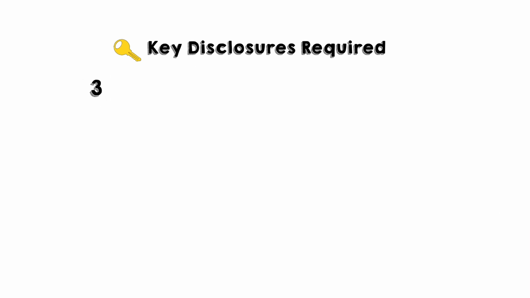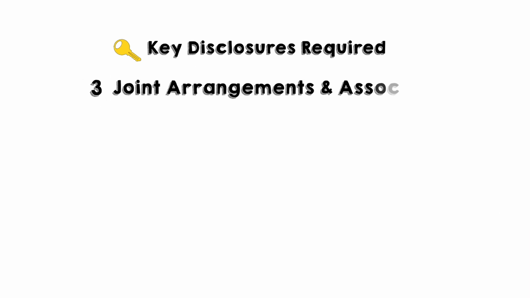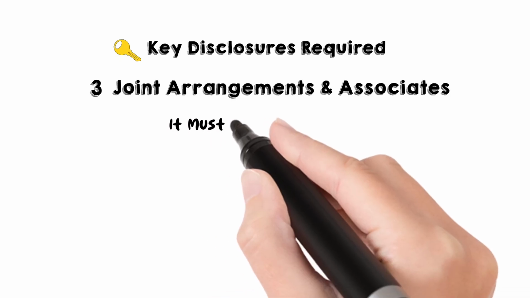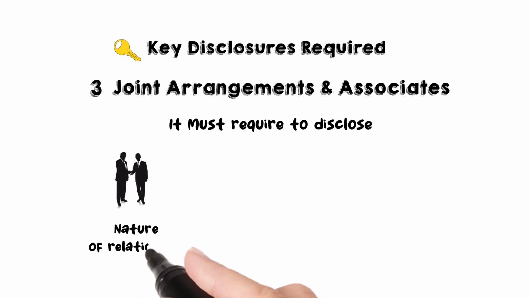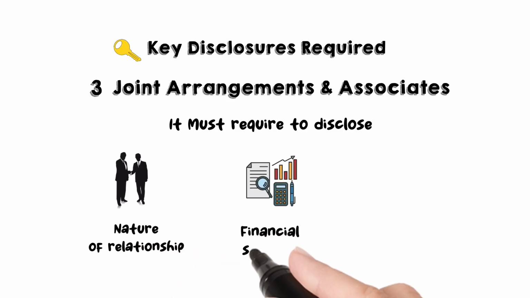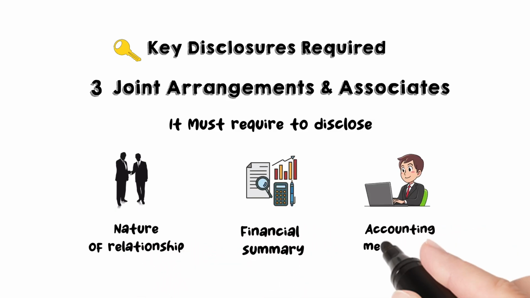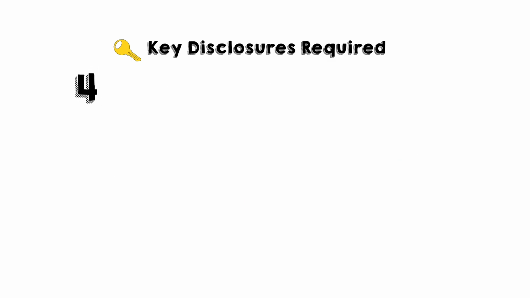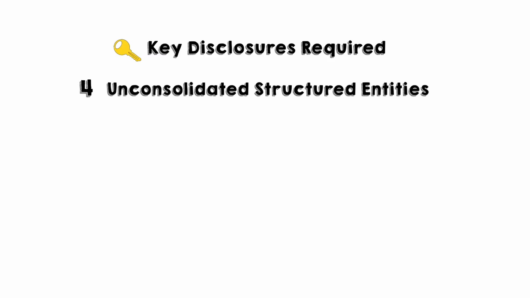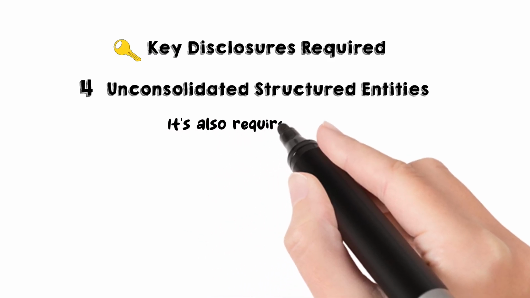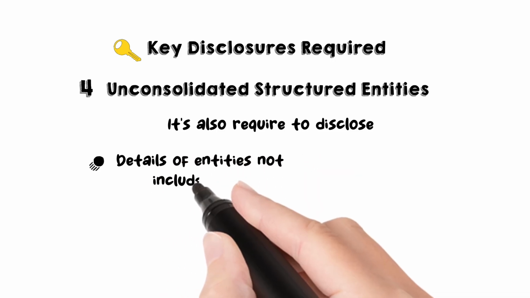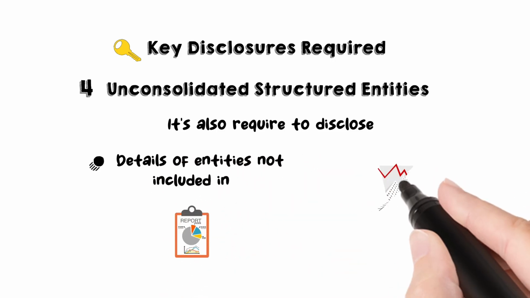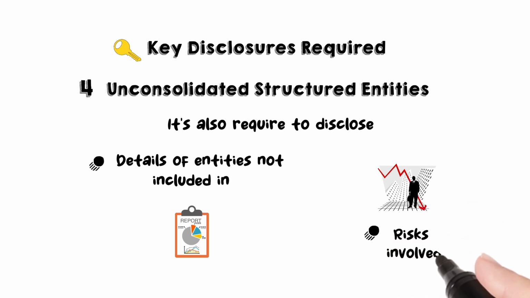Number 3. Joint arrangements and associates: it must disclose the nature of relationship, financial summary, and accounting method used. Number 4. Unconsolidated structured entities: it is also required to disclose details of entities not included in consolidation, and risks involved.